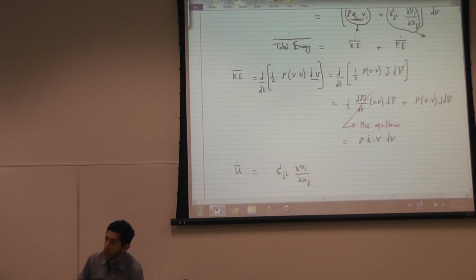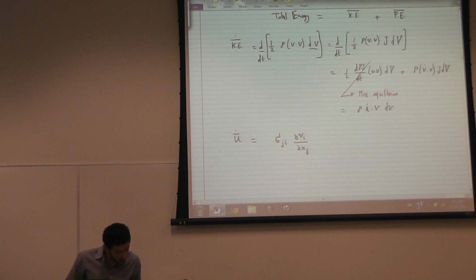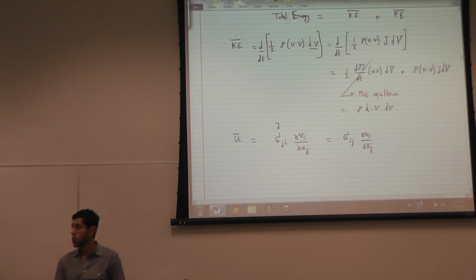And let's just look at this for a second. The stress is symmetric. Because the stress is symmetric, and of course there is a summation here, I is summed from 1 to 3, and J is summed from 1 to 3, I can write it like this. Either or, it's the same.